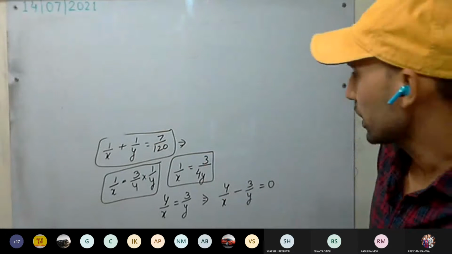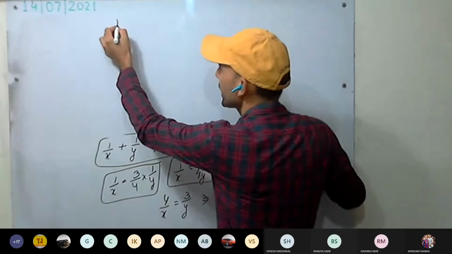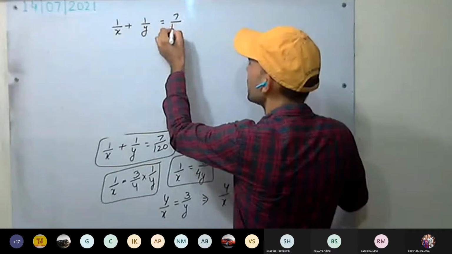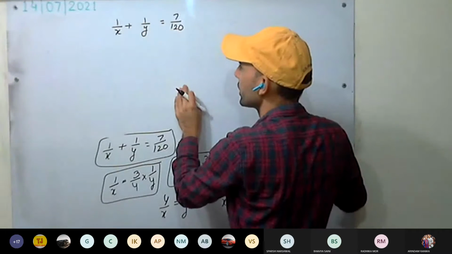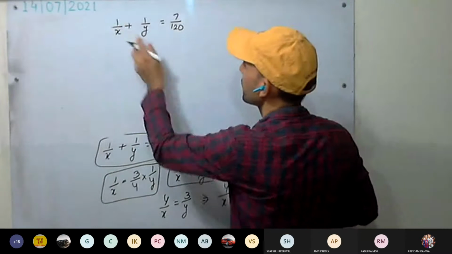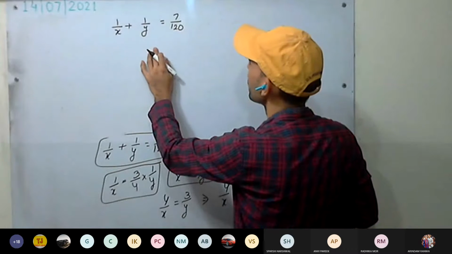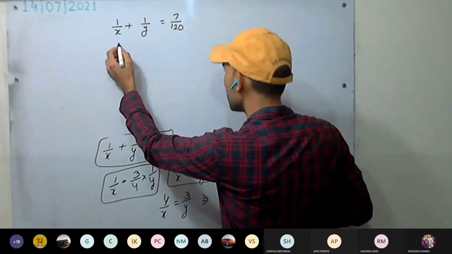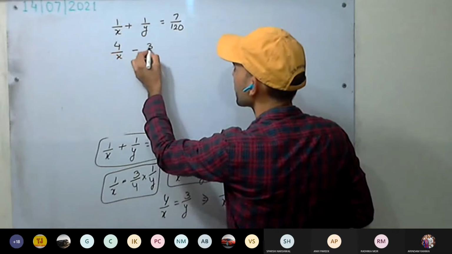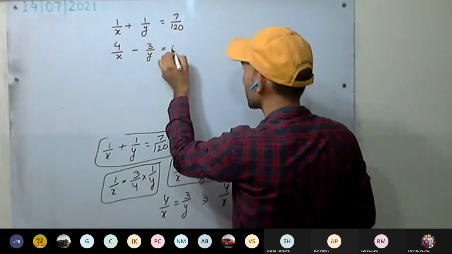Different methods we have discussed to solve them. So the equations we are getting are 1 by x plus 1 by y equal to 7 upon 120. The second equation: we can multiply by 120, but no need of that. 4 upon x minus 3 upon y equal to 0.